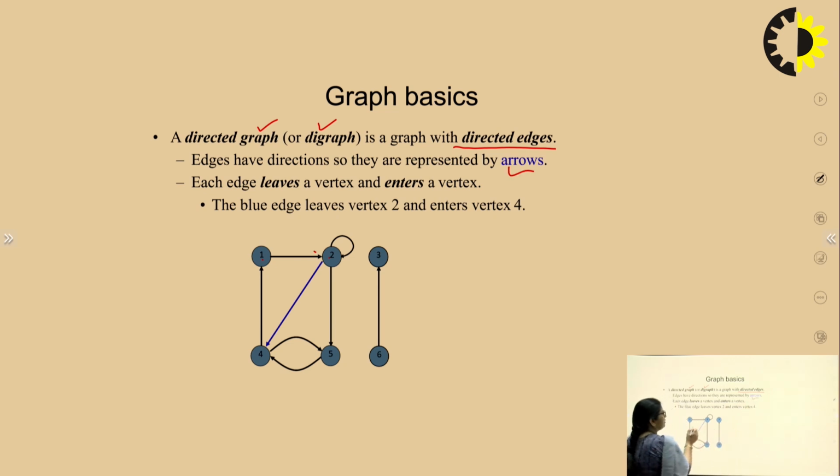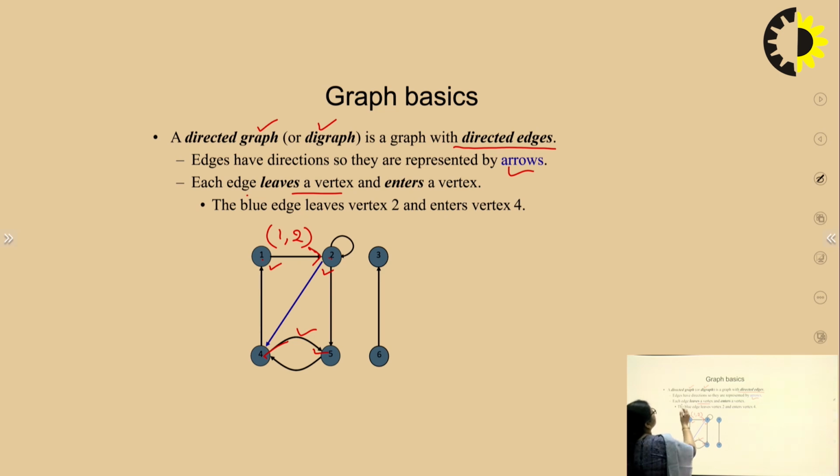The arrows tell us the direction of a particular edge. Let me take this edge, 1, 2, the pair (1, 2). The edge leaves vertex 1 and enters another vertex, 2. If I talk about this particular edge, it is leaving 4 and entering 5.